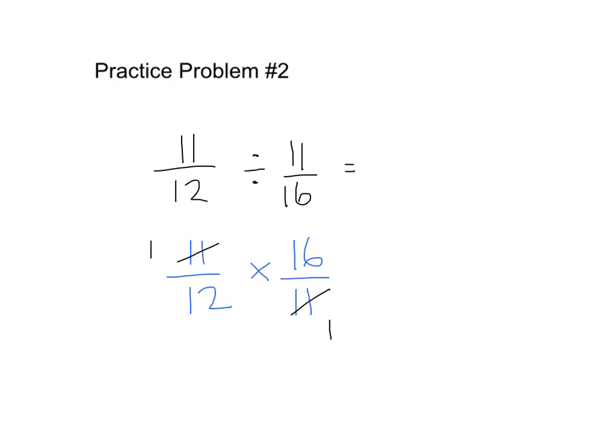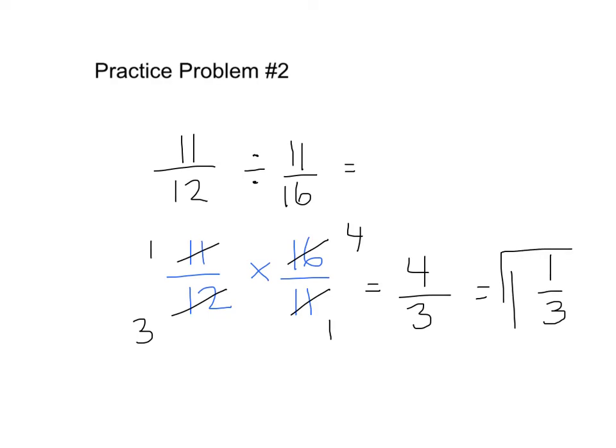And 4 is a number that can go into 12 and 16. 12 divided by 4 is 3. And 16 divided by 4 is 4. Now that I've cross-canceled, I can multiply across the top. 1 times 4 is 4. And multiply across the bottom. 3 times 1 is 3. My answer is 4/3 or 1 1/3 when I change it to a mixed number.